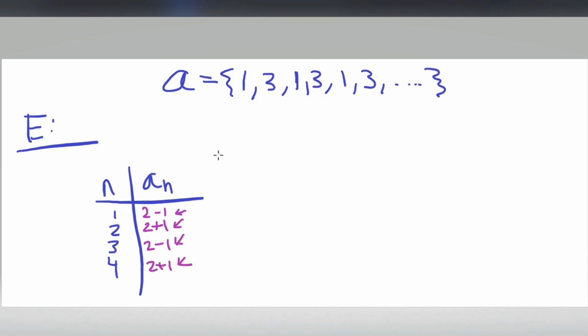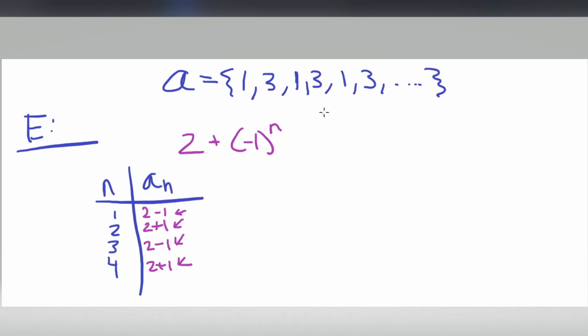We know for our first term, this 1 has to be negative, and for the second term, the 1 has to be positive. So if we're starting off as a negative, we know that -1 to the nth will give us a negative on our first term and positive on our second term, and so on and so forth. Then we can just add that to this 2, or let me just write it like this to make it make sense here, which will give us the pattern that we need.